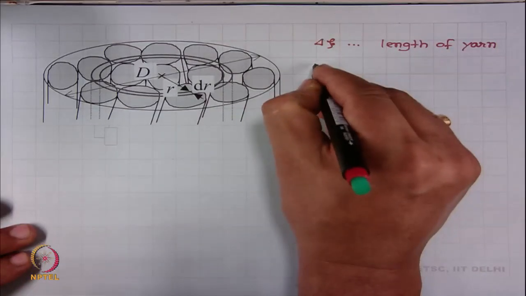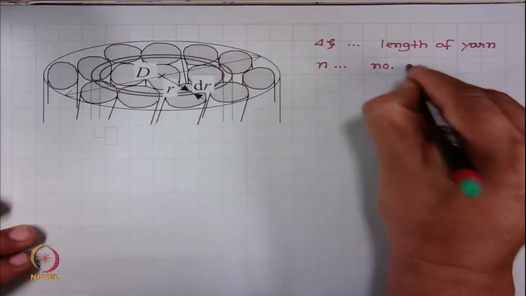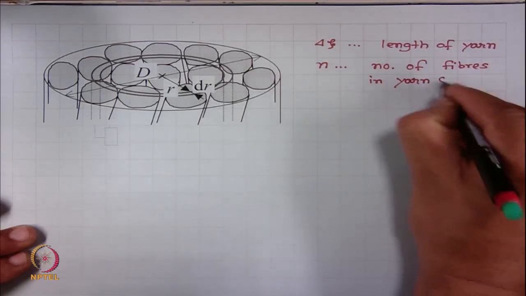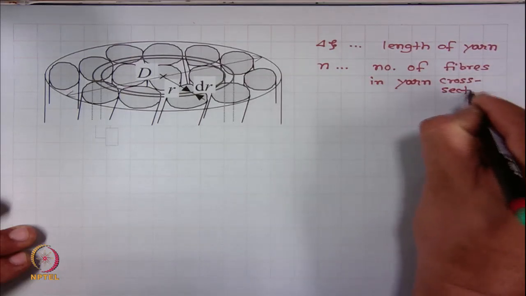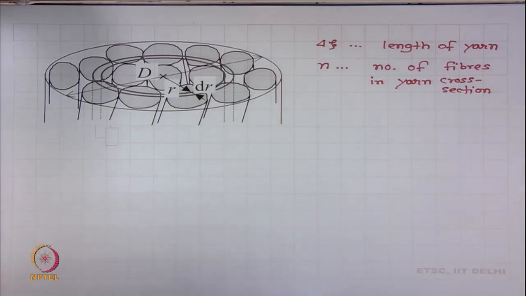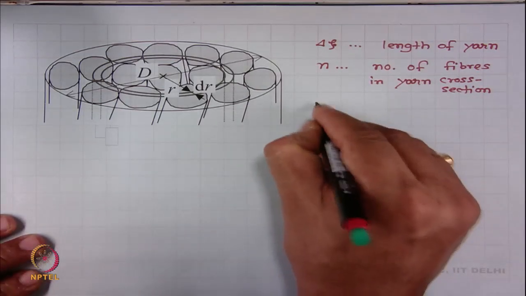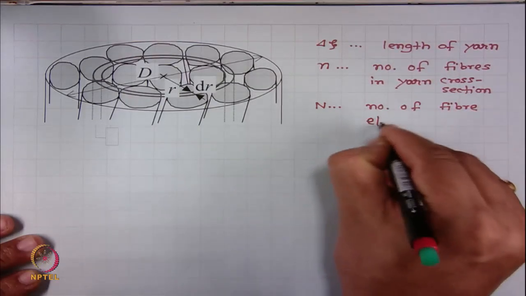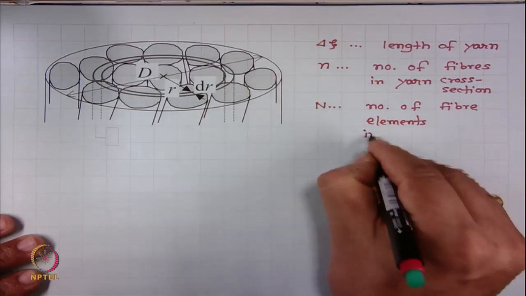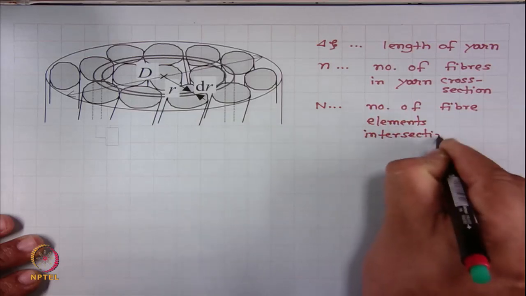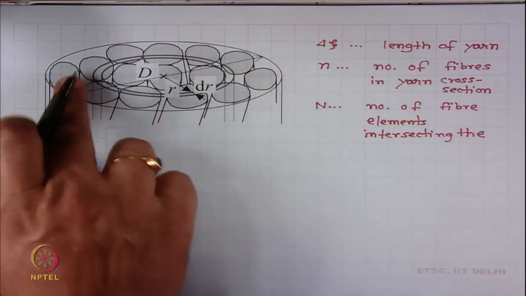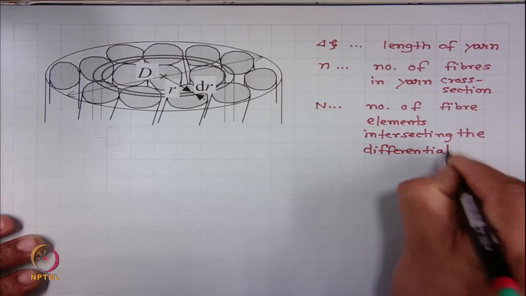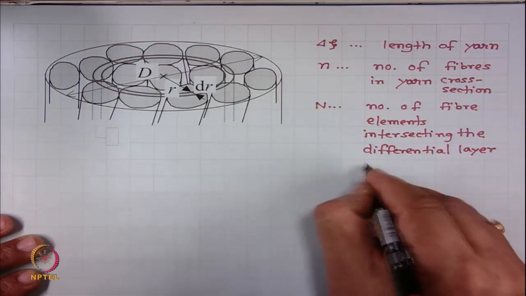Let us think: small n denotes the number of fibers in the yarn cross section, and capital N denotes the number of fiber elements intersecting this differential layer at a particular radius, say r.